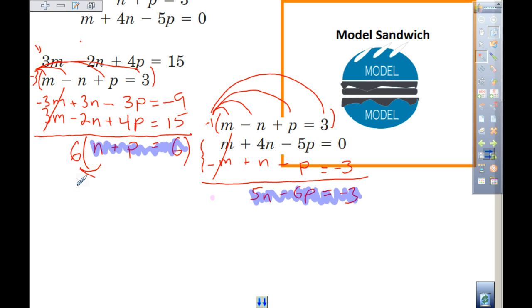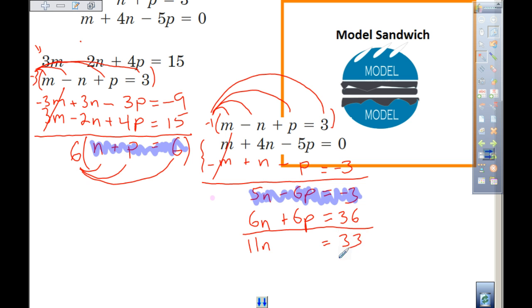So I'll have 6n plus 6p equals 36. And what do we get? 11n equals 33, n equals 3.